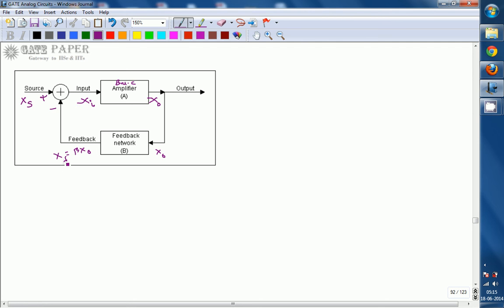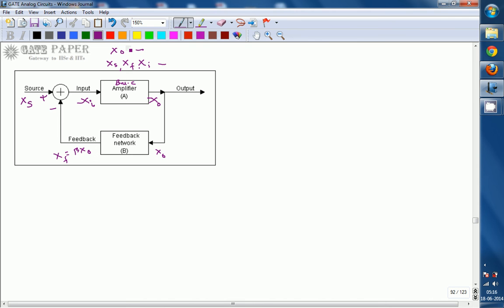There are four important parameters: X0, XS, XF, and Xi. X0 can be either voltage or current.